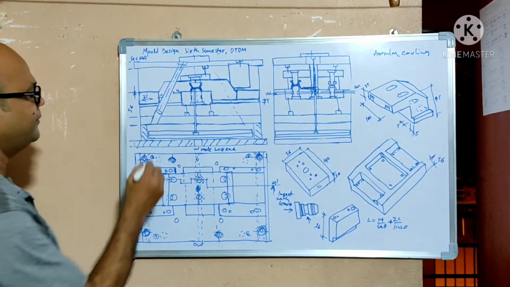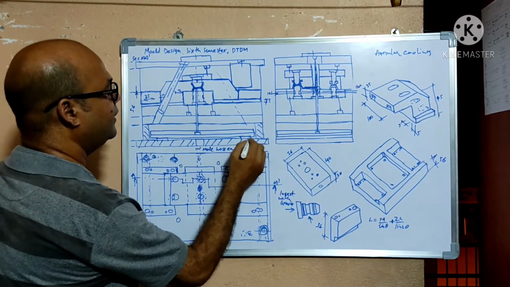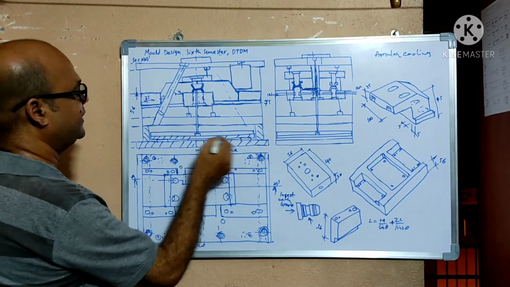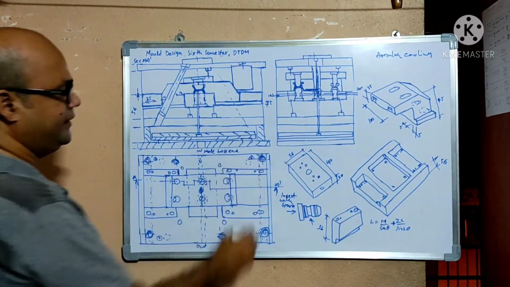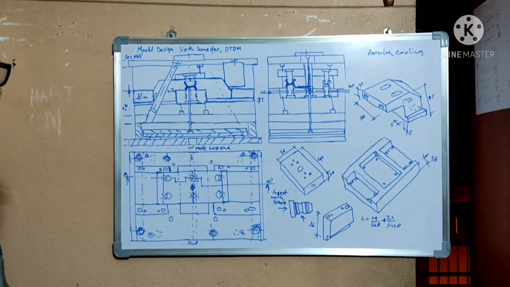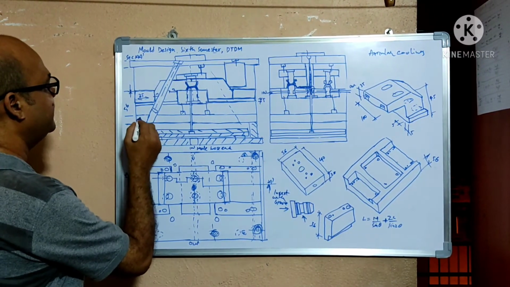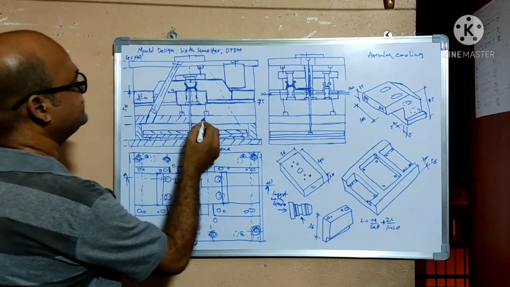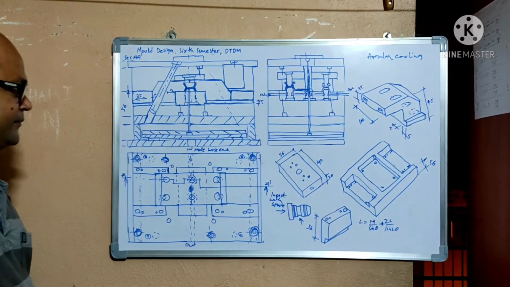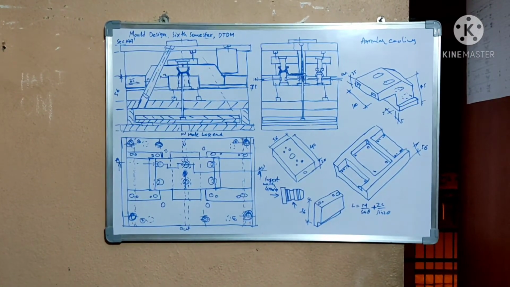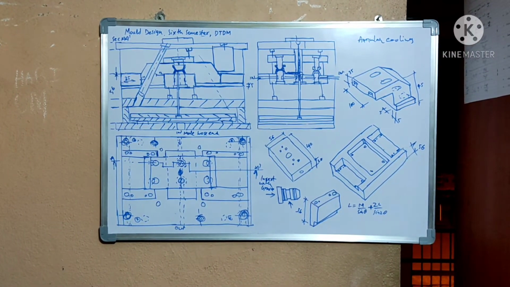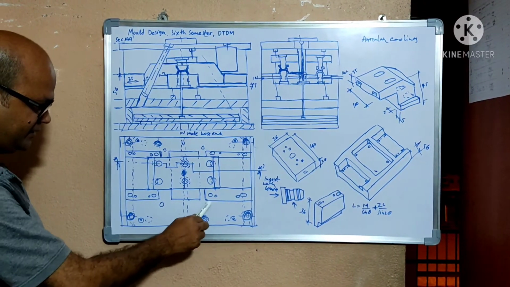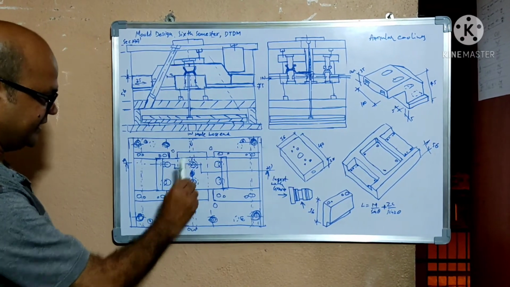You have to provide the feed buttons and the ejector assembly. All the elements are to be drawn in the sheet, and in the core back plate hatching, the most important thing is you have to provide the clearance to all the pins, for example the pushback pin and 6 ejector pins.